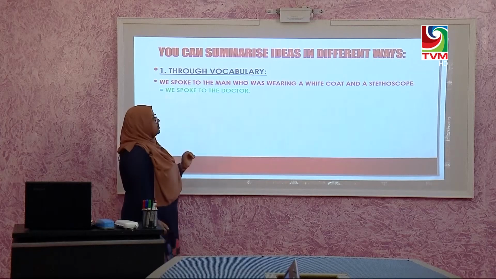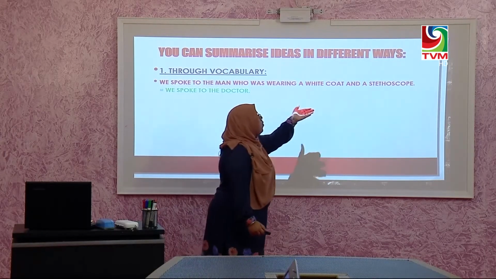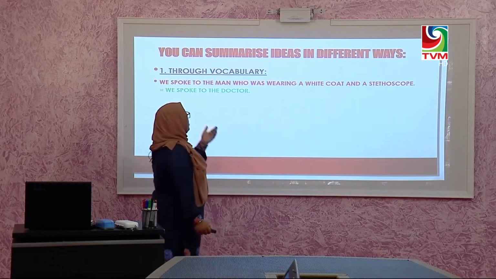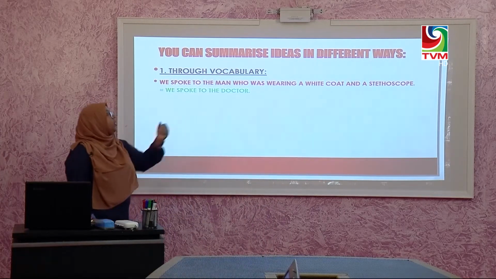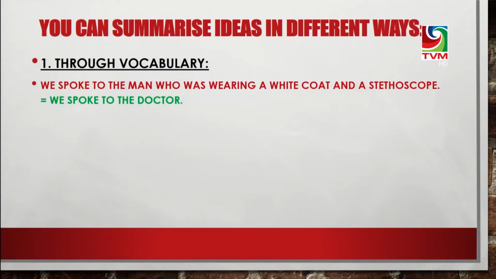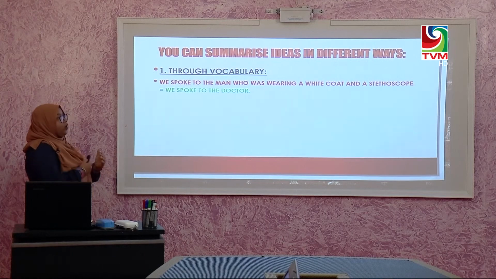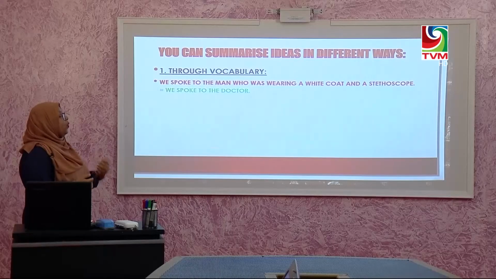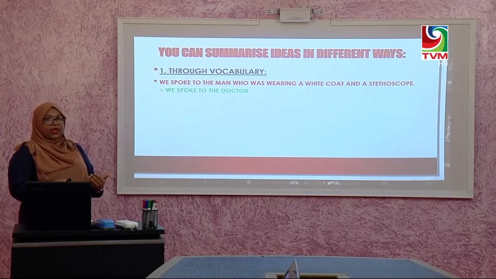So here in this sentence, they have described a white coat and a stethoscope. A man who was wearing a white coat and a stethoscope. So instead of the description, we have replaced it with the appropriate term, and that is the doctor. We spoke to the doctor. So replacing it with the appropriate or correct word, we can summarize or reduce the sentence, and without losing the point, we can shorten it.